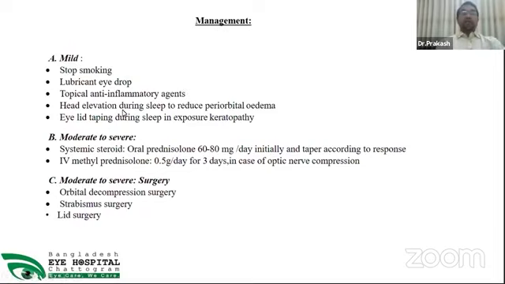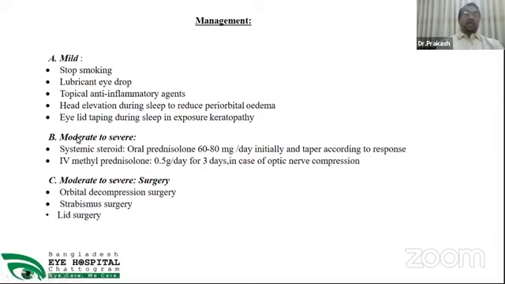Head elevation is also helpful during sleeping to reduce the periorbital edema. And if there is lagophthalmos, if the patient cannot close the lids during sleep, the eyelids should be taped with micropore tape to prevent exposure keratopathy. That is called eyelid taping during sleep in exposure keratopathy, to take care of the cornea.